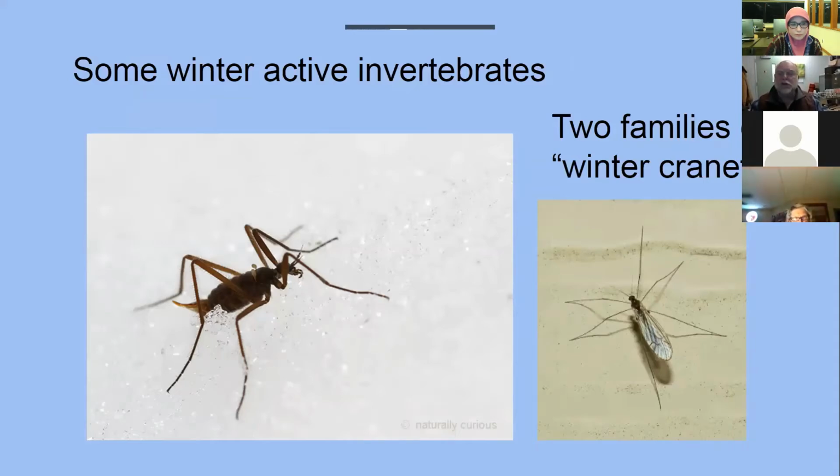winter crane fly. It's actually a true fly, but it doesn't have any wings. Although you can see a couple little lollipops sticking up from its back. True flies have one pair of flight wings, unless they're wingless altogether.